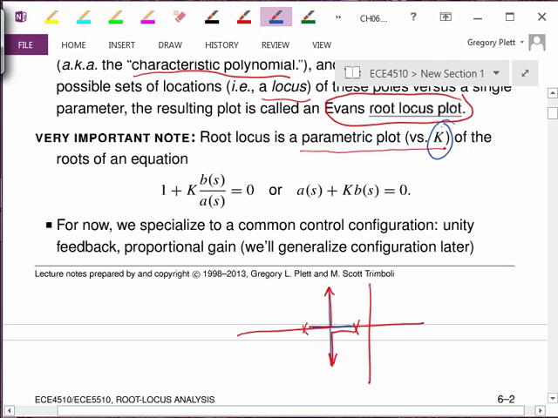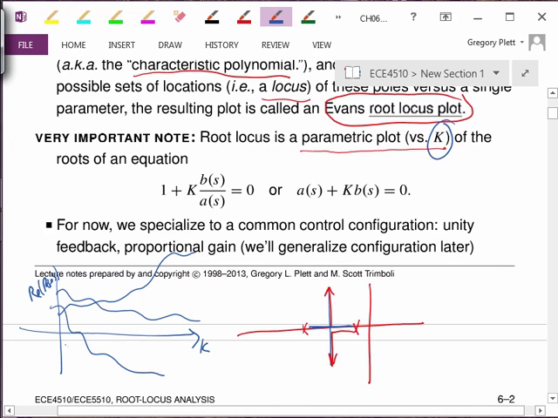That would be different. You could imagine a different kind of plot that was like the real part of all the poles, and this here was k, and then I've got one pole that does that and one pole that does that. That's not a parametric plot.